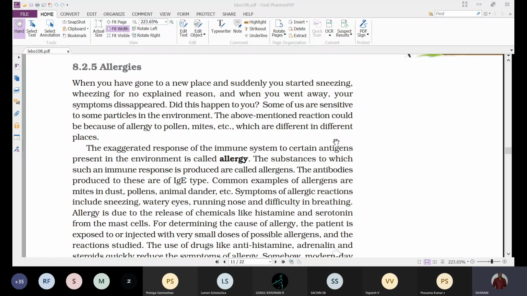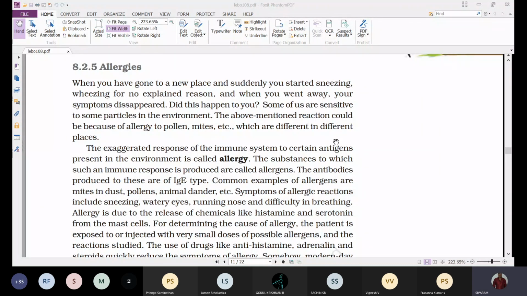That means some kind of disturbance in your body, from the food material, or when you go to a new place, or to hilly regions, or some other places. Without any reason, you start sneezing continuously, the nose will be draining and wheezing.